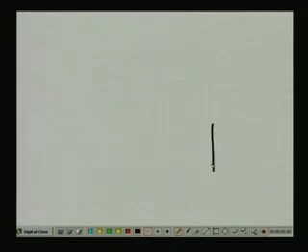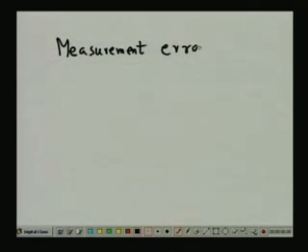Problem looks like this. So, here, the measurement error will be equal to e to the power minus t by tau.